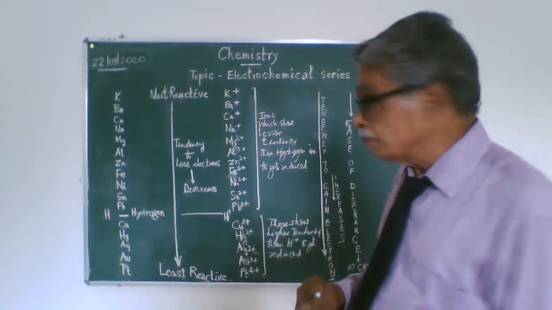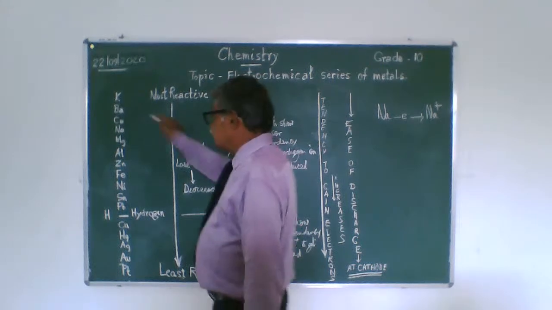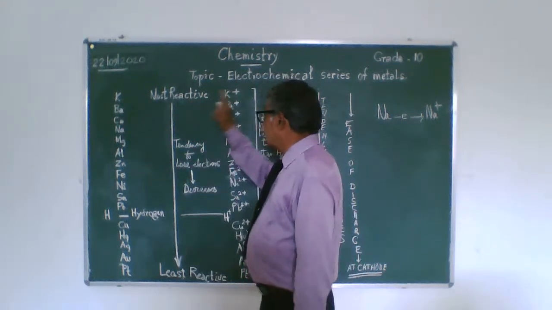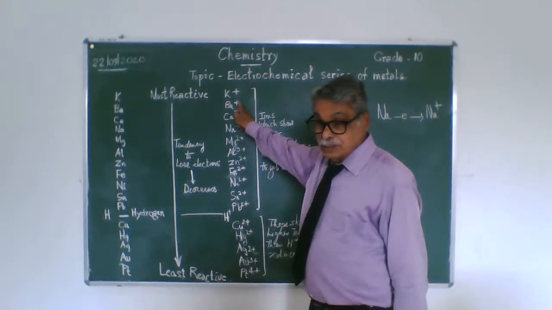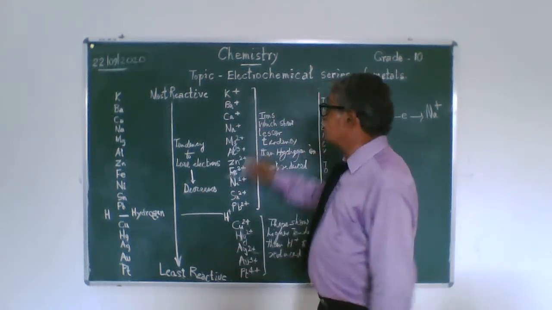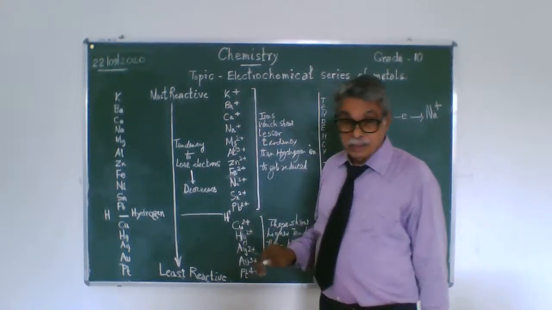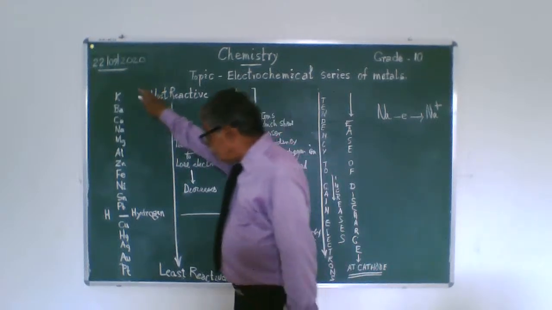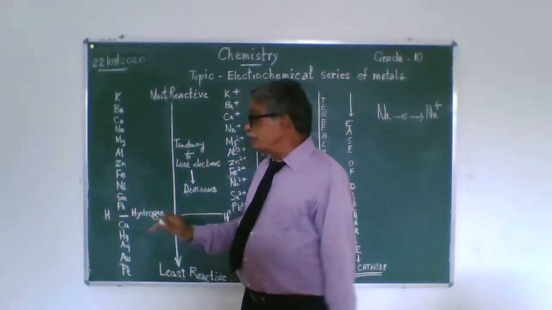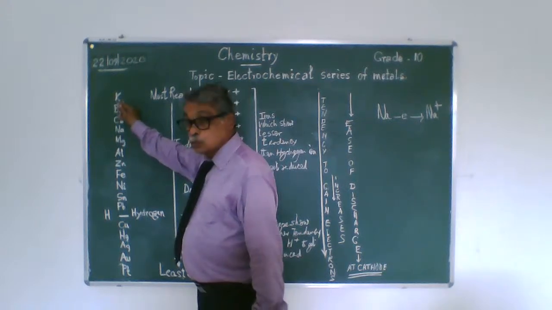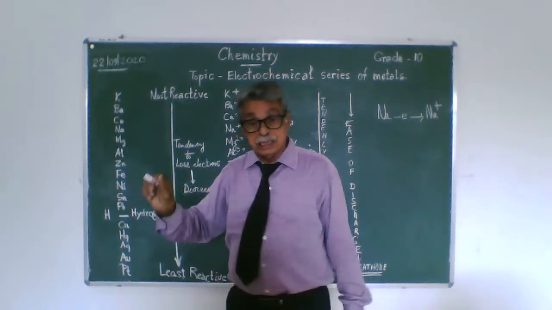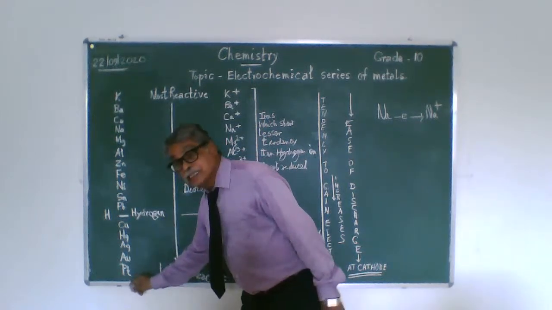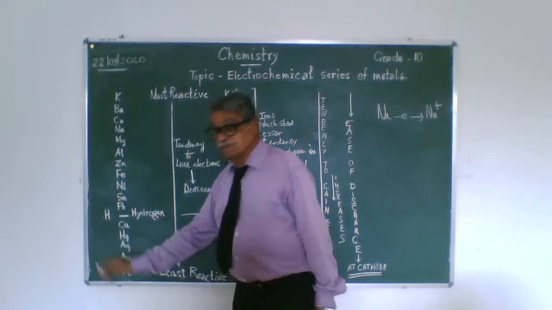I repeat, the ease with which an atom loses an electron and forms an ion is the basis of the electrochemical series. Metals can be arranged in a vertical column in such a way that the metal which loses electrons most easily comes on top, and the metal that loses electrons least easily comes at the bottom.